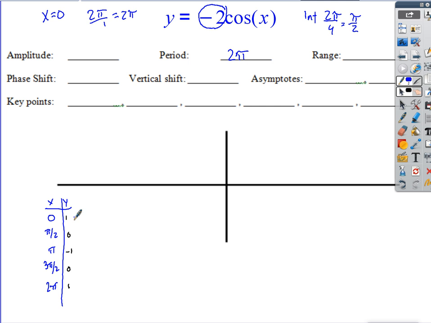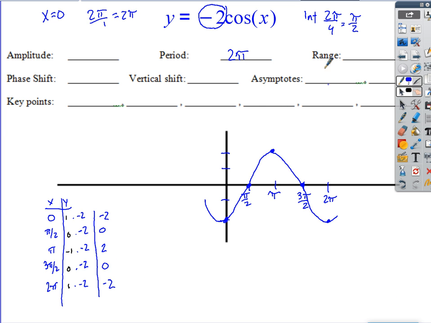So all of my parent function values are going to be multiplied by negative 2. I take the original y values and multiply them by negative 2, and that's how I get the y values for this graph. So negative 2, 0, positive 2, 0, negative 2. And that's what I'm going to graph. It should look something like that.